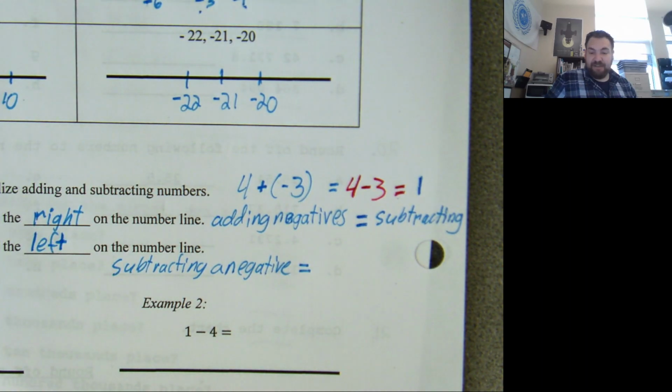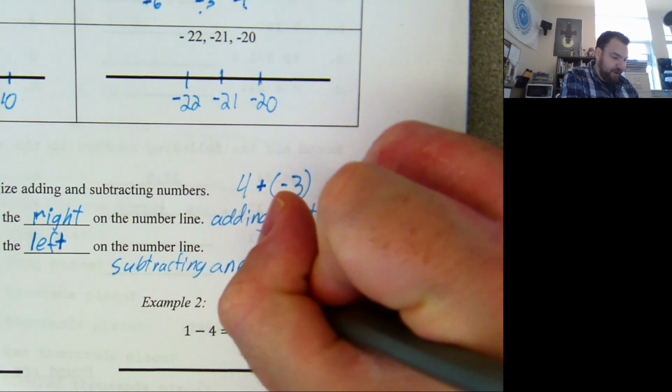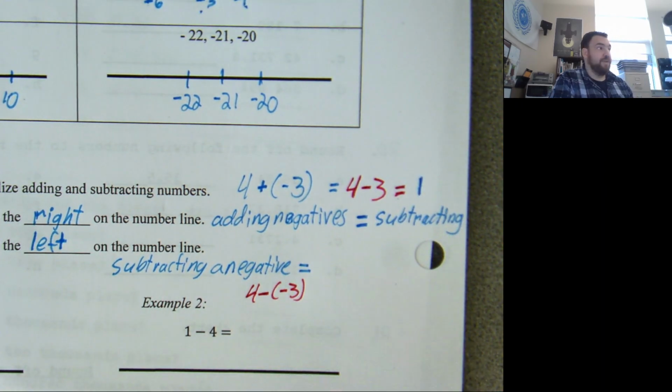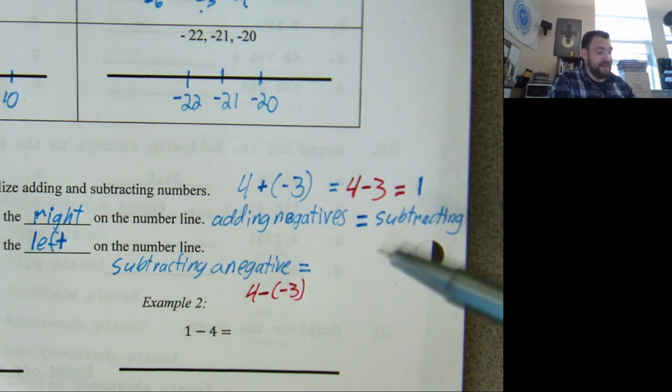If I've got something that looks like this, let's say I'm doing 4 and I'm taking away a negative 3. What does it mean to take away something negative? This one's going to be 7. Why? How did you get 7 from 4 and 3? Because you add them together.